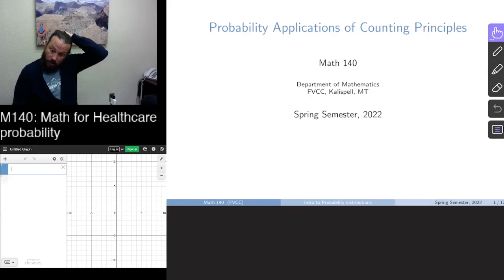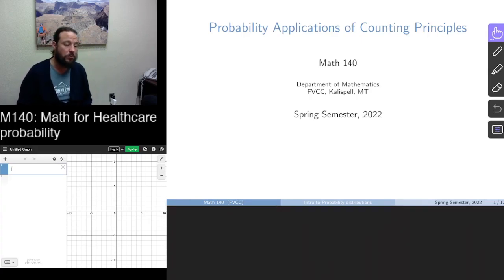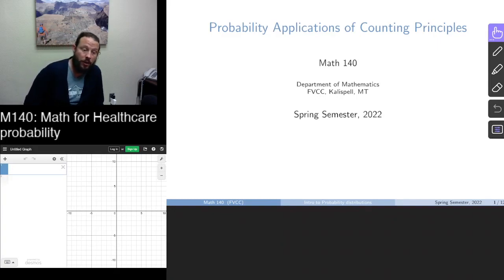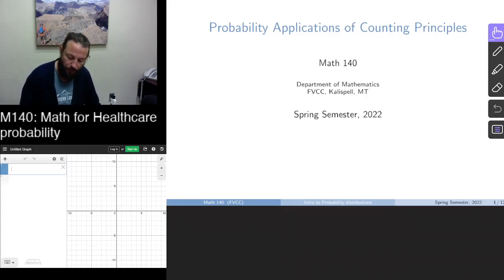As humans, we get fooled by randomness. It's very easy for us to put meaning into things that are just random events, and that's the power of probability, a way to measure, well, what's the chance of this happening randomly?